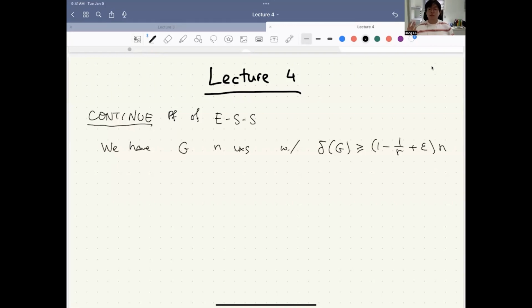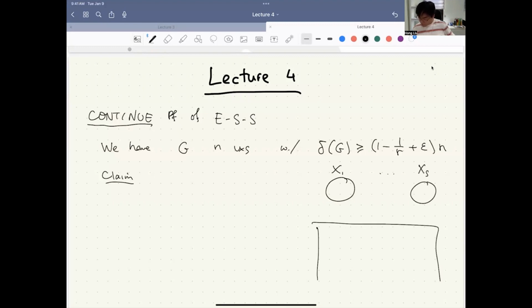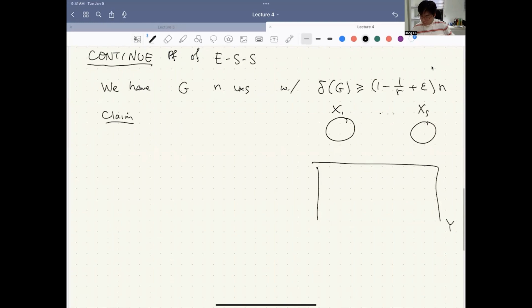We finished the induction to embed this multipartite graph, and we just need to prove this claim for this graph Z. We already have X1 up to Xs, which is the complete multipartite graph, and this is the remaining set of vertices Y, and we define Z. So what is Z again?